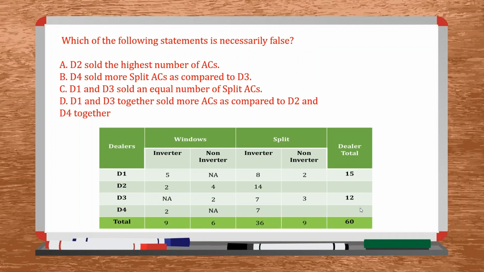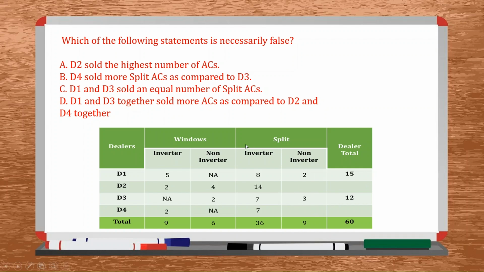Which of the following statements is false? First: D2 sold the highest number of ACs. Something which I cannot say right now, because we don't know the non-inverter type split between D2 and D4 for the split category. So A is not the answer. D4 sold more split ACs as compared to D3. This is something I cannot answer right now, because D4 split ACs can go beyond 10 as well.